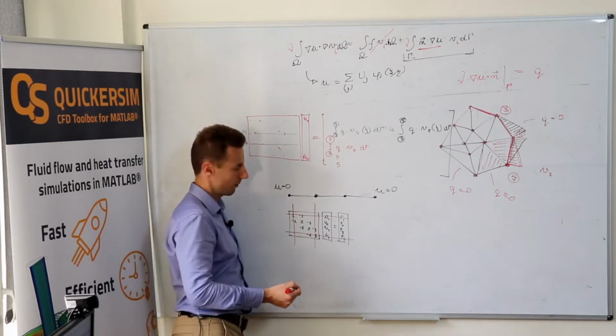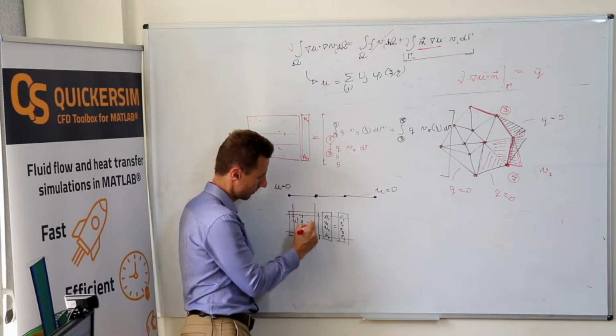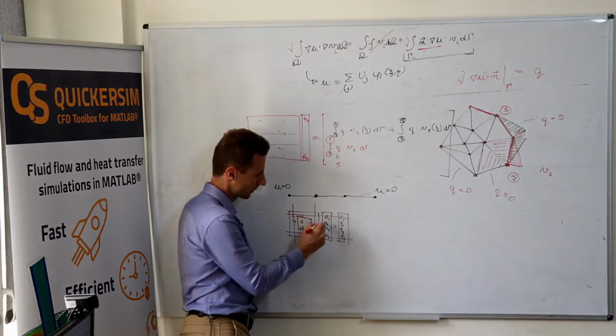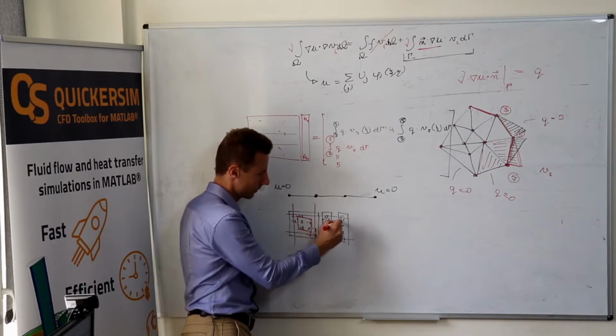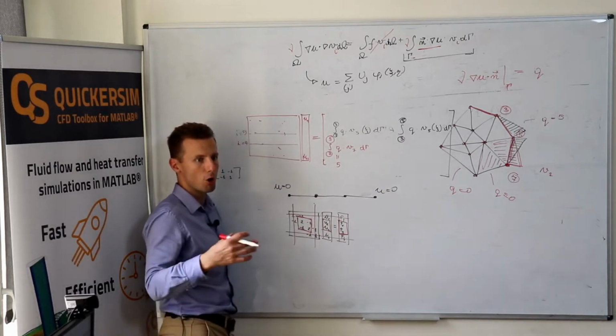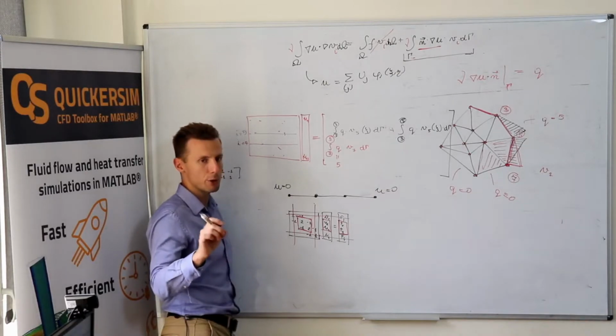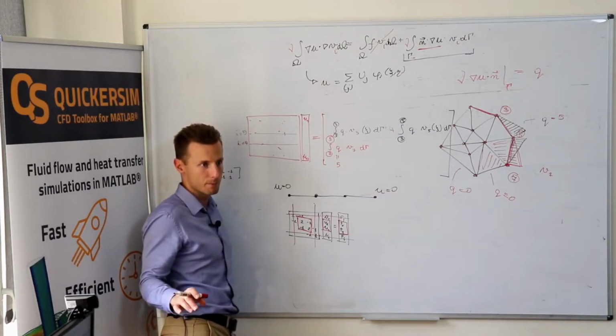And the final system that we come up with is reduced. It only involves all internal nodes in the mesh, not the Dirichlet boundary nodes.